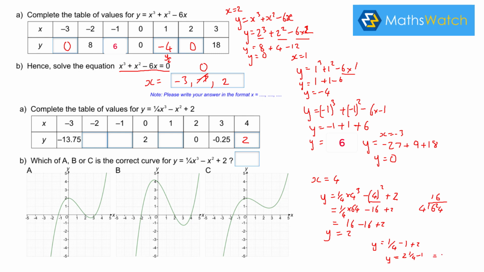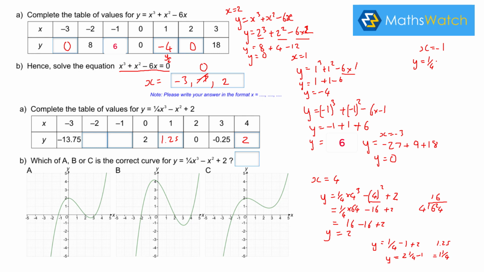So what's 2 quarters minus 1? Equals 1 and 1 quarter, which you should know as 1.25. So that is 1.25.